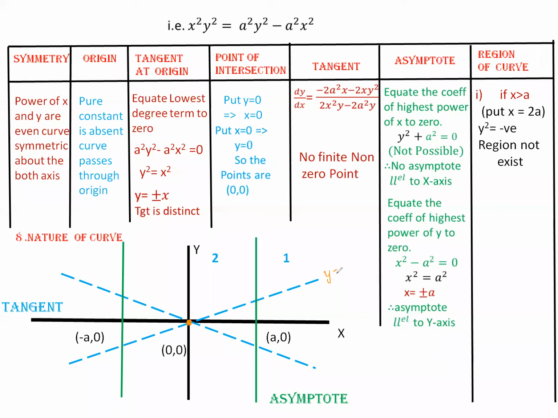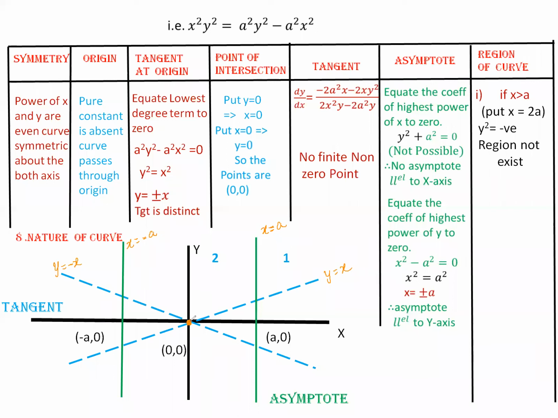Here it is y equals x, y equals minus x. Here x equals minus a, one asymptote, and here x equals a, another asymptote, which are parallel to the y-axis.